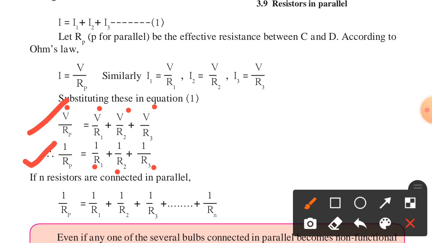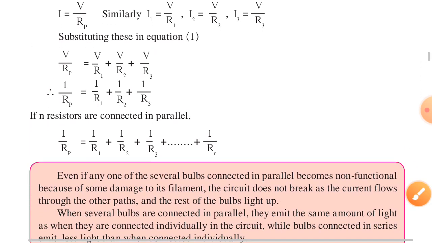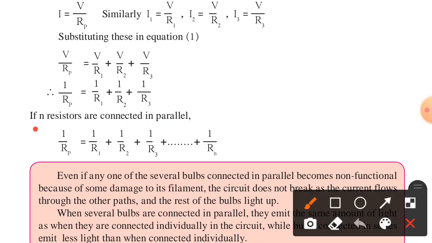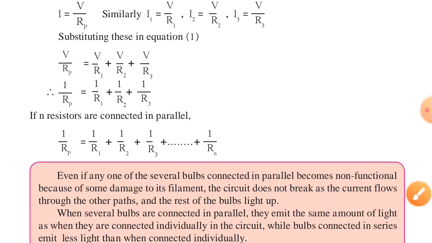When the resistors are connected in parallel, if n resistors are connected in parallel, n means any number, then we get the formula 1 upon Rp is equal to 1 upon R1 plus 1 upon R2 plus 1 upon R3 plus dot dot dot 1 upon Rn.